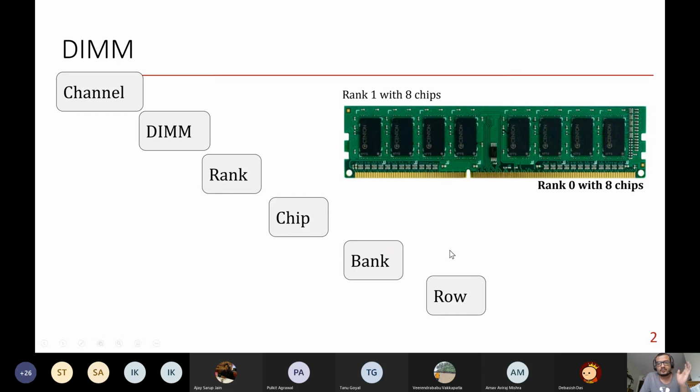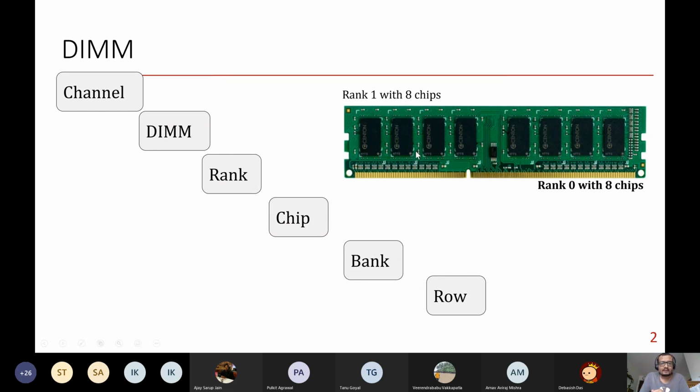This is similar to your cache hierarchy where you have lines, sets, and all. Here also the data is organized in the form of various granularities. So the first thing is called the channel, which is connecting your last level cache or the processor to the memory, off-chip memory.